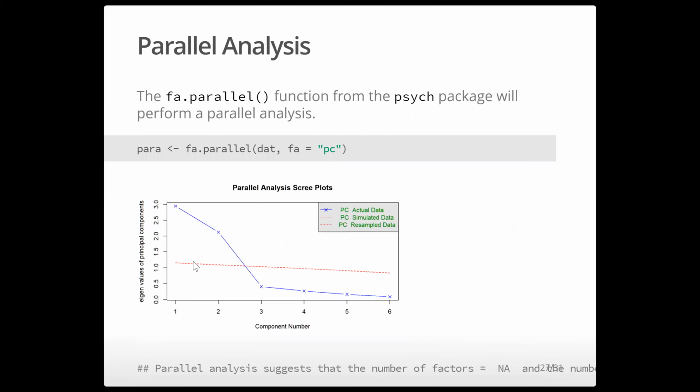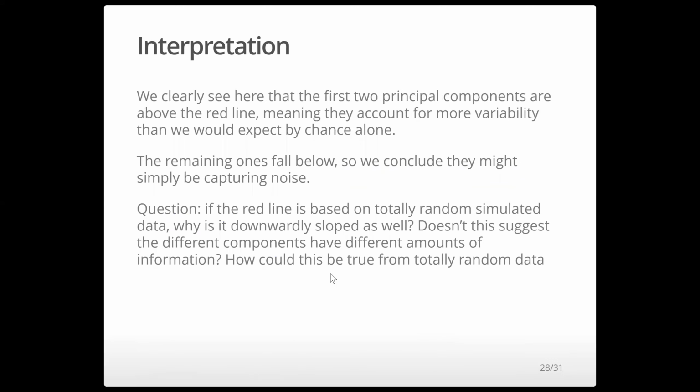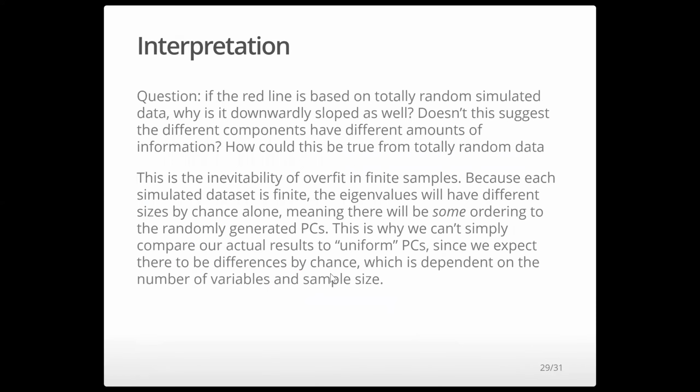This just reiterates what I just said, but one additional question. If we look at this plot, we do see that the red line actually has a downward slope. Why would that be if this is based on purely random data? It suggests that different components have different amounts of information. And why would that be true just from random data alone? The reason is that this is just what happens when you fit any kind of analysis like this on finite samples.